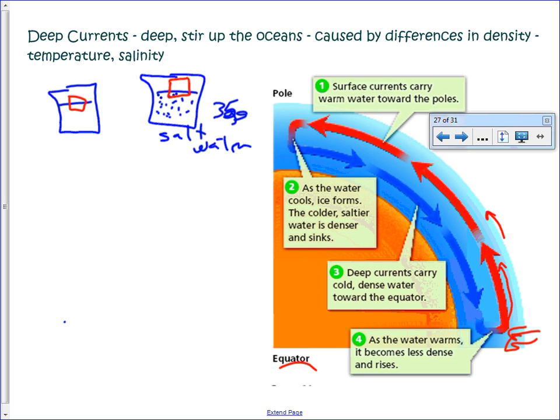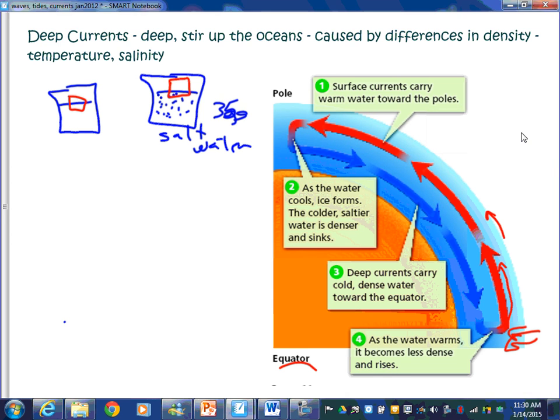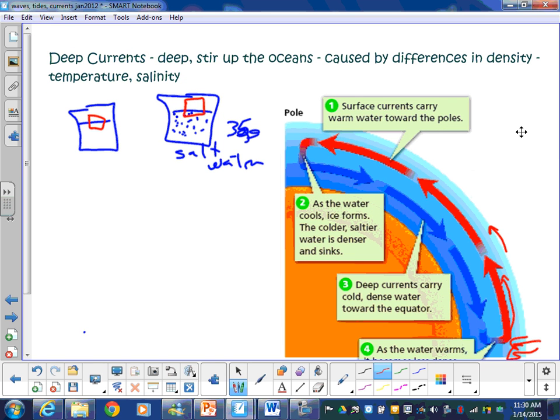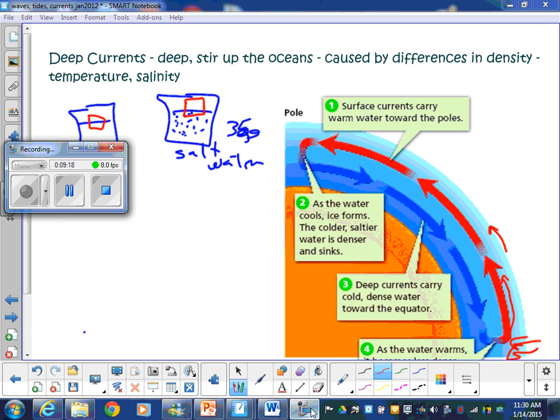Yes. Yeah, so areas like the Dead Sea and the Great Salt Lake are very salty, so it's even easier to float.